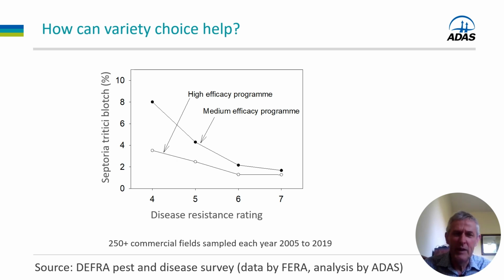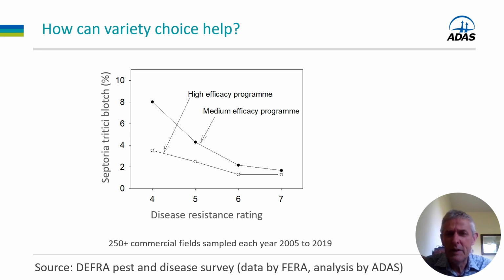But what we can see here is that the high efficacy fungicide program provided good control almost regardless of the level of host resistance. But if we were growing varieties with ratings of 6 or 7 against Septoria tritici, we were obtaining really effective control with fungicide programs of medium efficacy.